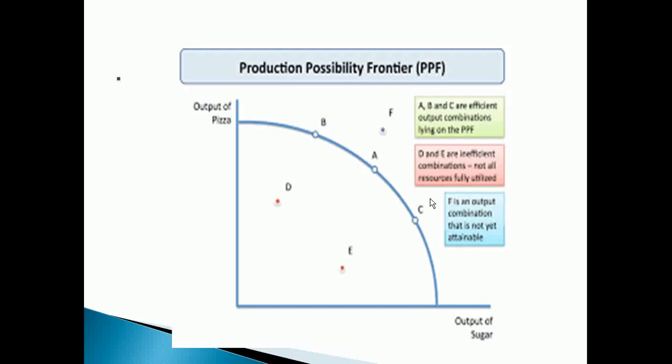This is because increasing marginal opportunity cost is in place. In order to increase the production of one good by 1 unit, more and more units of the other good have to be sacrificed, since the resources are limited and are not equally efficient in the production of both goods and services.